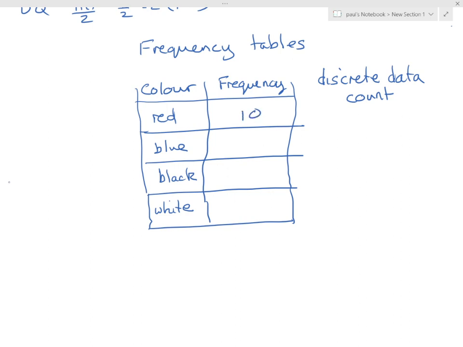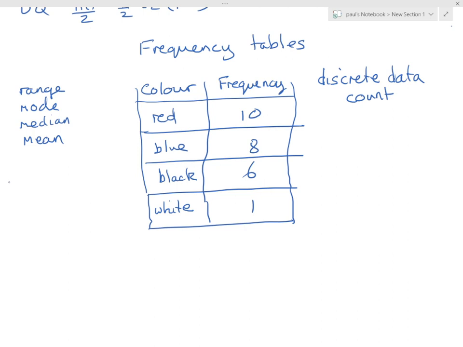So say we counted 10 red, 8 blue, 6 black, and 1 white. Now, what we can do with this table is we can find the range, the mode, the median, and the mean, all from a table.